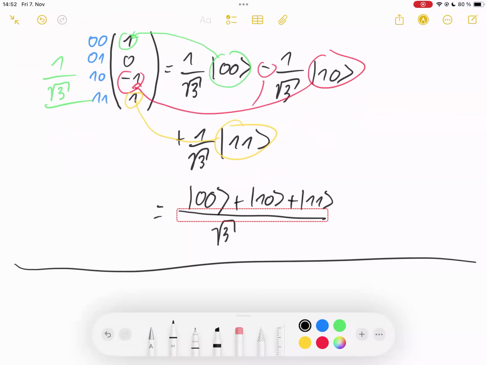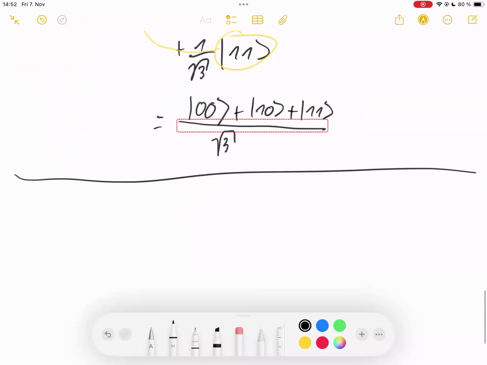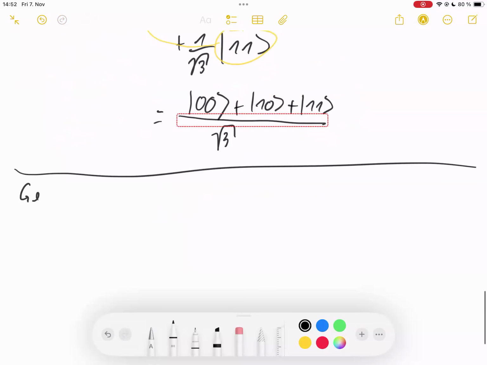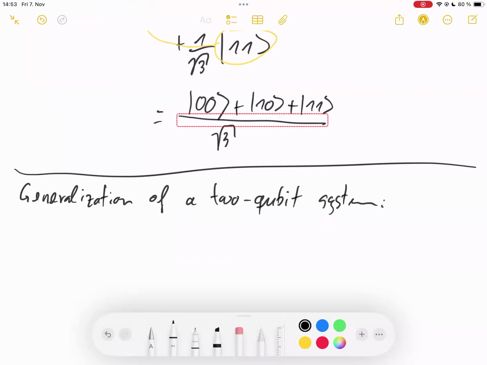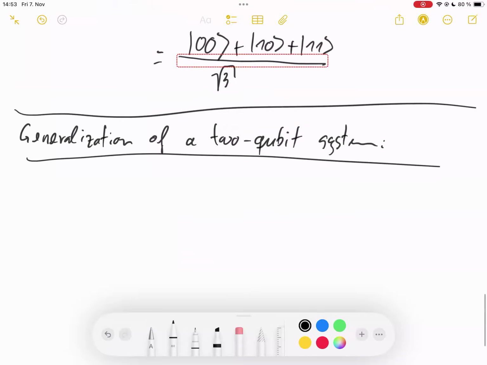And we can generalize this. A generalization of a two qubit system could always be written like this.